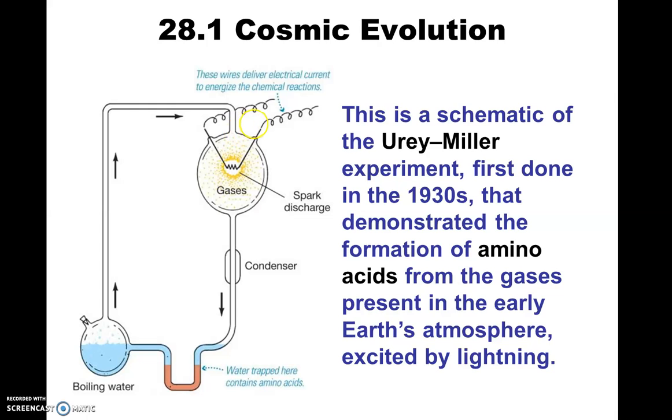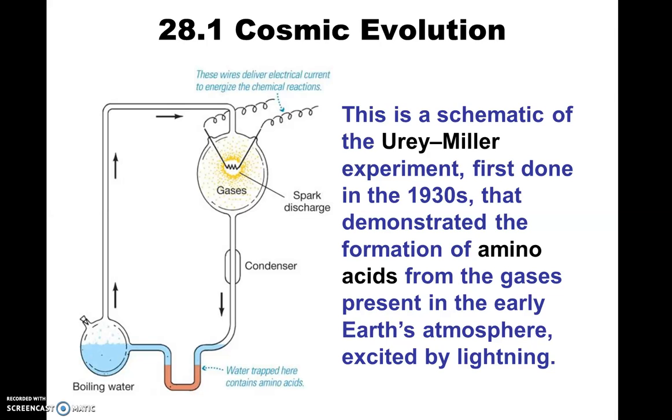And what they did is they said, okay, well let's put sparks through this gas and see what happens. And lo and behold, they noticed something very interesting. There was the formation of some amino acids very early in this experiment, and that was actually really surprising at first.